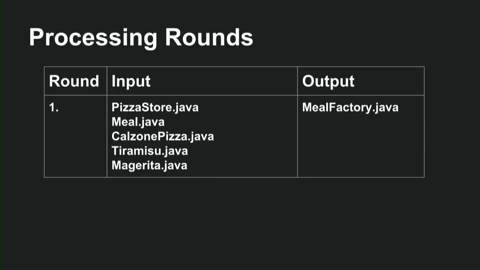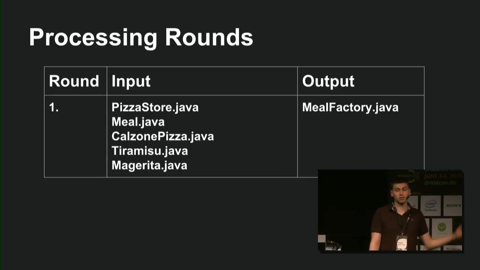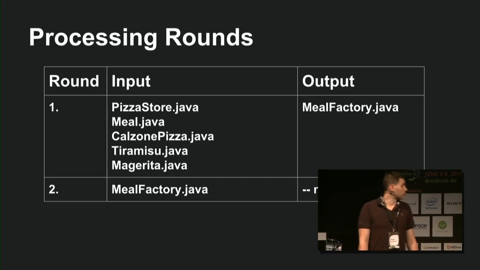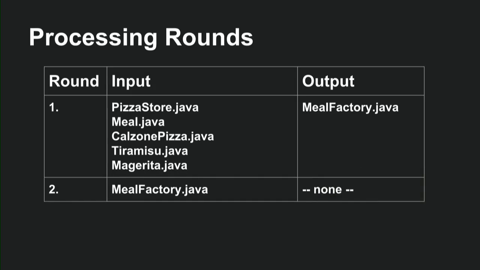In the first round, we have as input all of our Java source code, like PizzaStore, Meal.java, Tiramisu, Margarita, and so on. And what comes out is MealFactory.java. Okay? In the second round, we take the output from the previous round, because theoretically, in the MealFactory we have generated there could be an addFactory annotation as well.